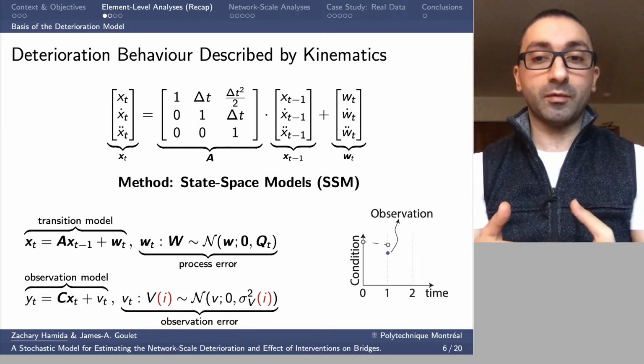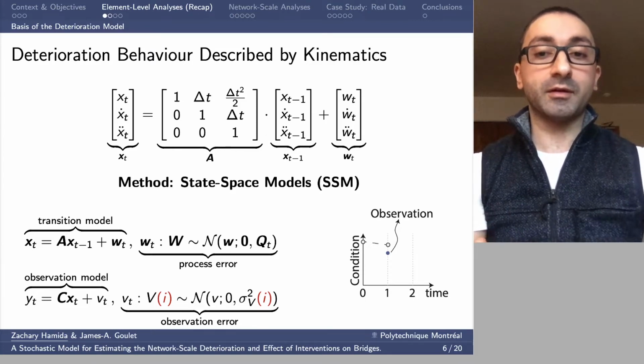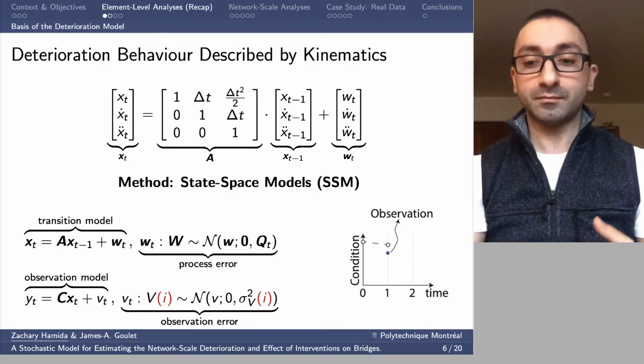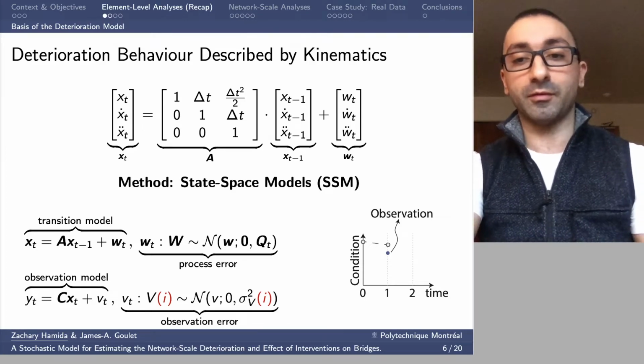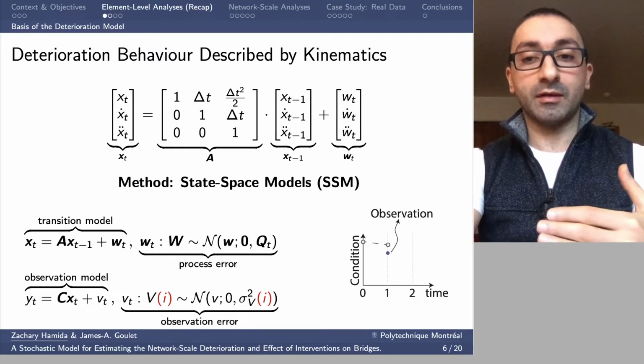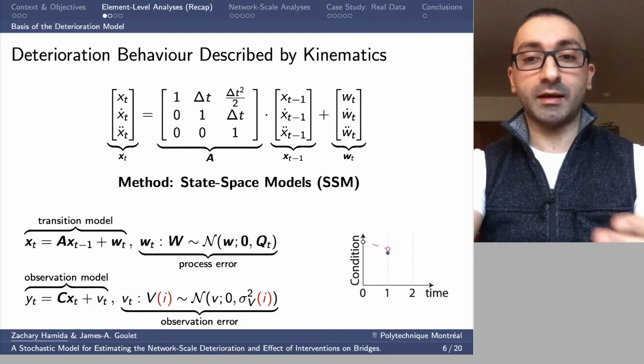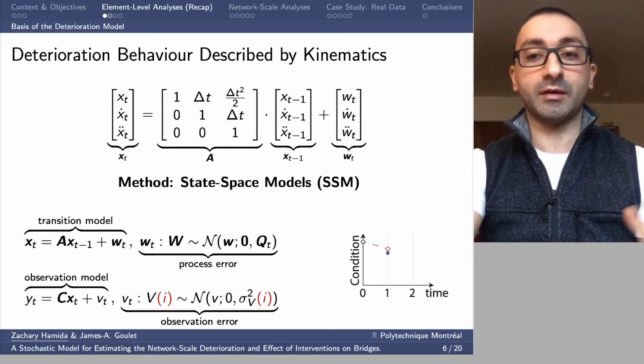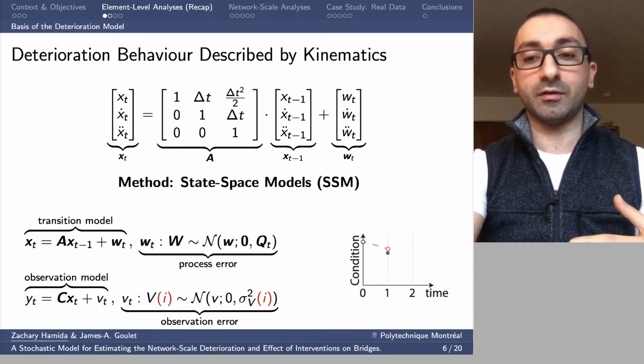So the observation is dependent on the inspector that performed the inspection. Using this observation model, we can update our estimate for the condition, and we can get the posterior estimate for the condition of the structural element.